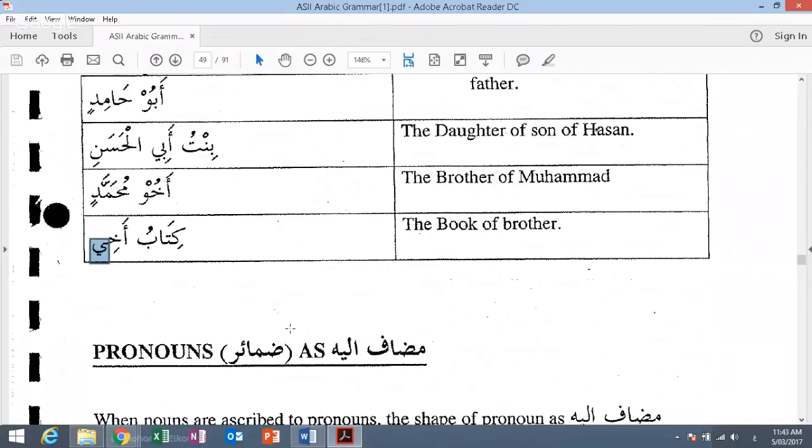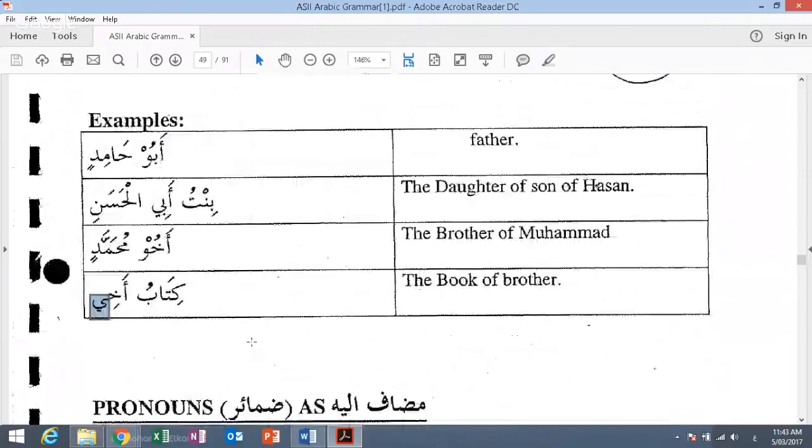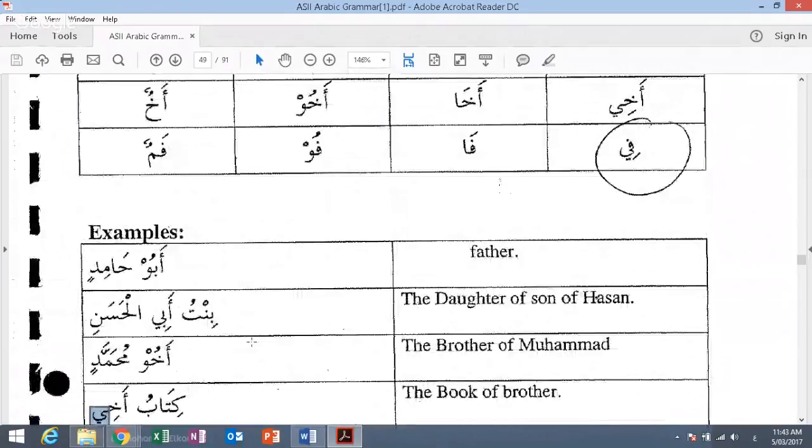So let's say the example was hukmu rasulillahi, for example. Hukmu is mudaf, rasuli is mudaf ilayh, and this is mudaf for another word, and then this is mudaf ilayh for rasul, but this is mudaf for Allah.